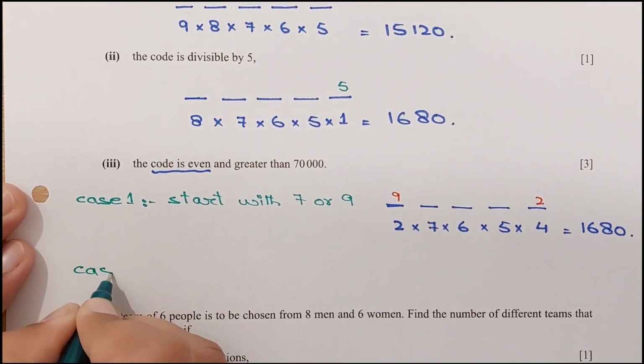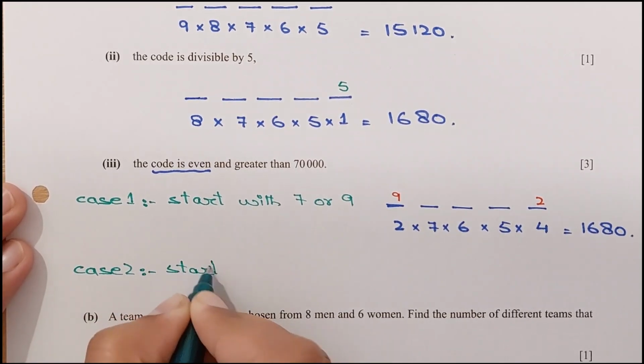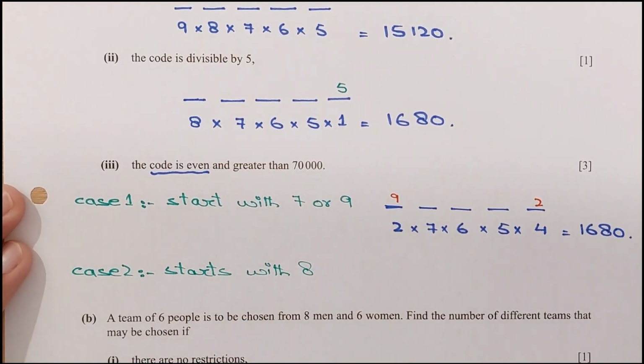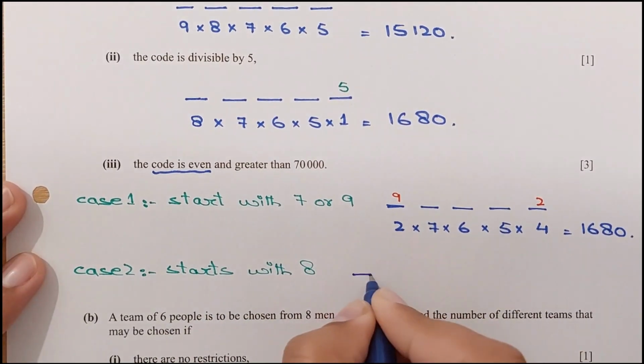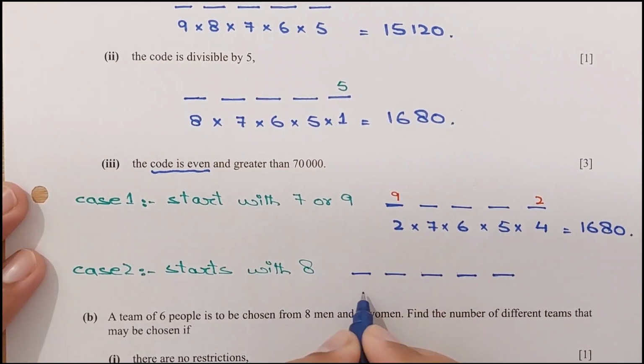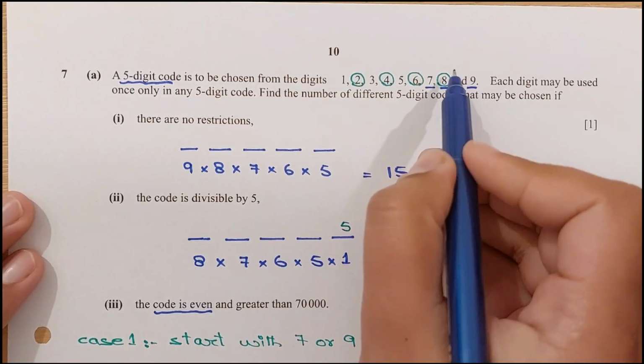For case 2, if it starts with 8, again a 5-digit code. If it starts with 8, we have one option for the first digit, 8. And it must be even, so it ends in an even number. We already used 8, so 3 even numbers remain: 2, 4, 6.